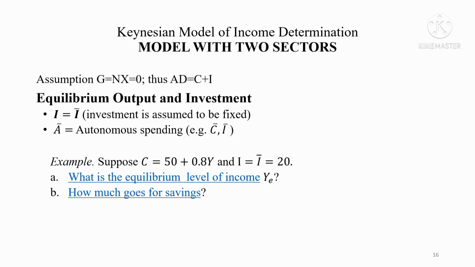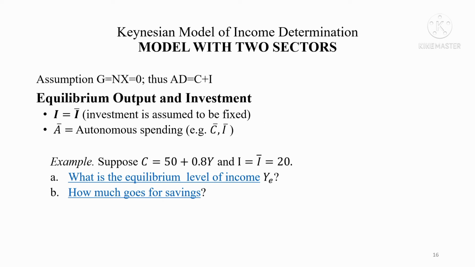Here we assume that G and NX are 0. Thus, the aggregate demand equation is AD = C + I. We further assume that the investment level is fixed, so it is also called the autonomous expenditure of the economy.